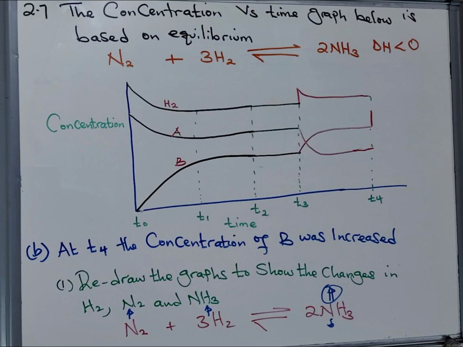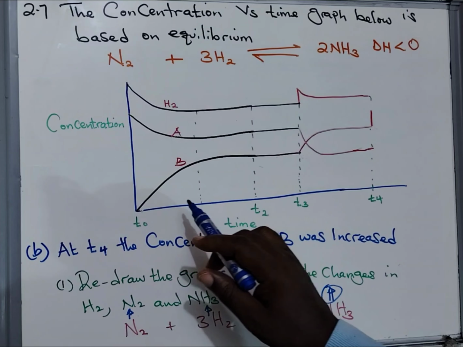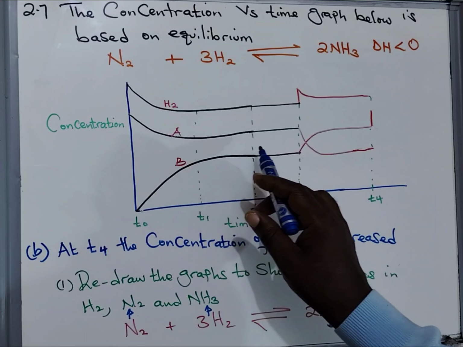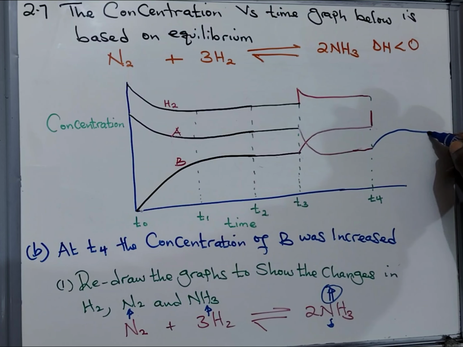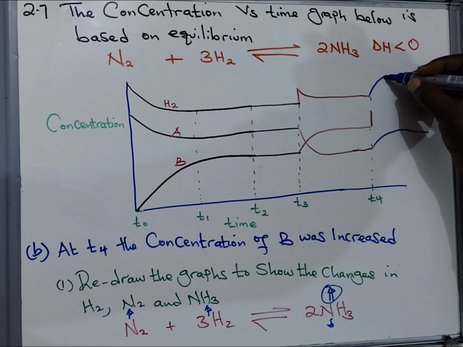So how do we show that? We are seeing nitrogen increasing. What is our nitrogen? Nitrogen is A. It is this one. It will increase. And our hydrogen will also increase.